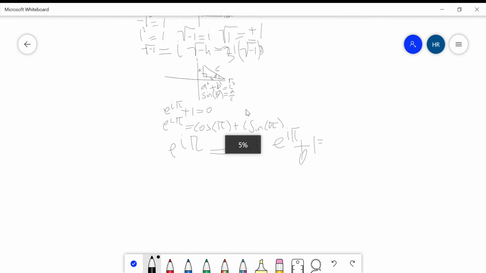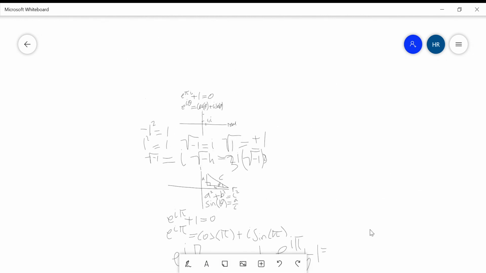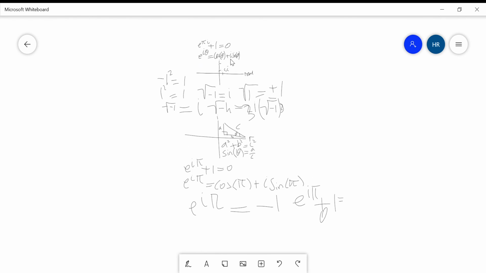So Euler's identity is a theory of everything for mathematics because it holds most of the important mathematical constants. It has e, the natural logarithm constant.